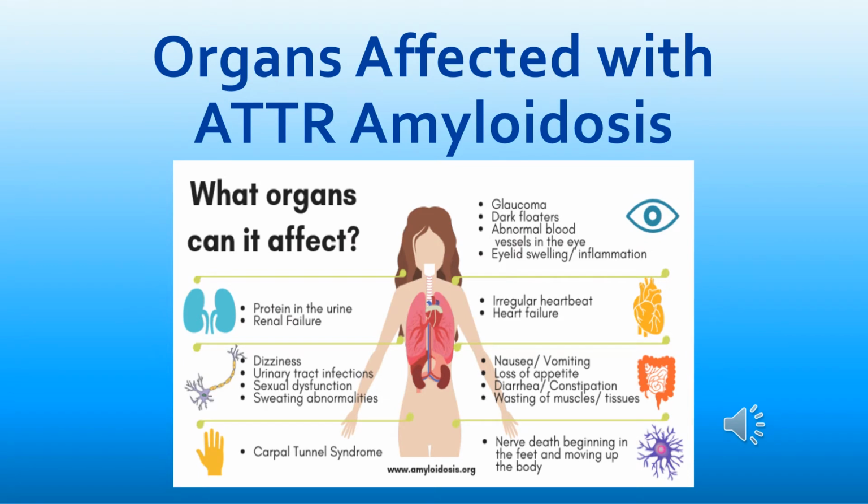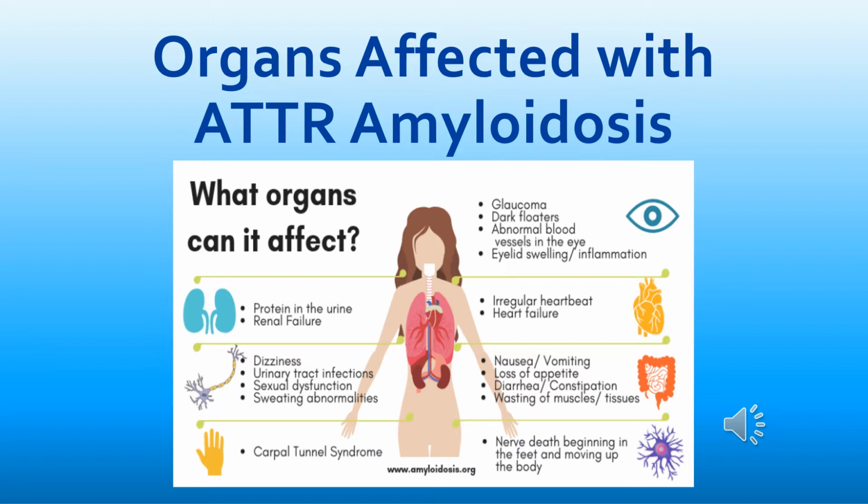Okay, so what are some of the organs we're going to see involved in this type of amyloidosis, and what things can we look for in our family members so we can get them tested? The first thing: if you have a person that's having problems with their kidneys, they're not urinating as much anymore, you notice they have some swelling in the ankles.